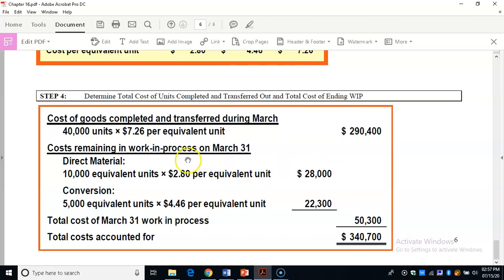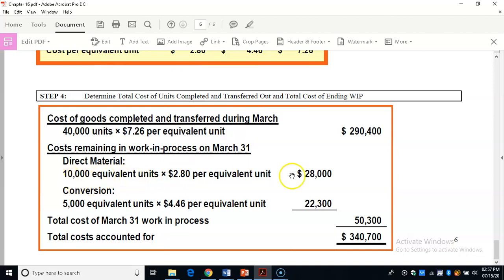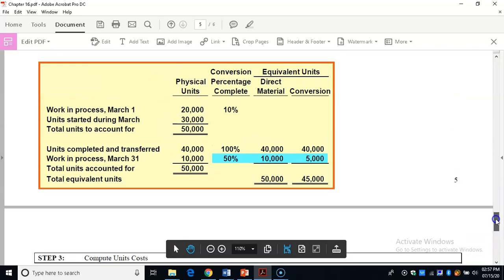Okay, the last step is the ending work in process. Now, the ending work in process you have to do in 2 steps here. So we have step 1, direct materials. Step 2, conversion cost. How many equivalent units did you have left over for materials at the end? Okay, so March 31st is the end.